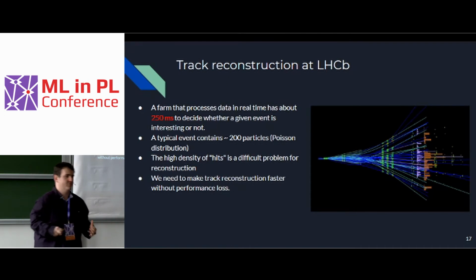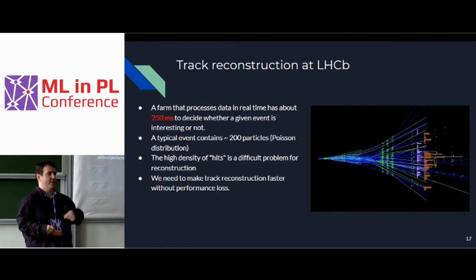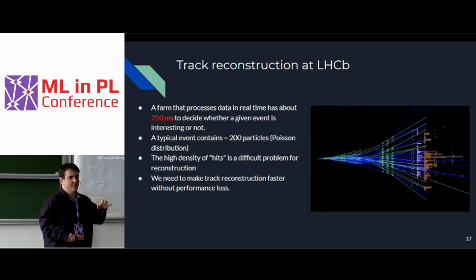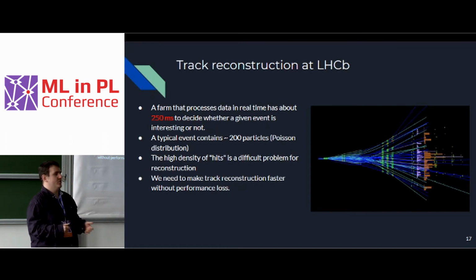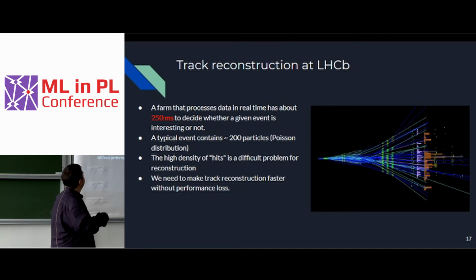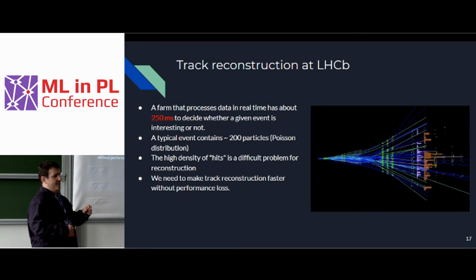We don't have that many resources. So we need to make a decision whether this particular event was important and interesting for us, or we just want to reject it and forget it forever. The time that we've got is about 250 microseconds per event, which is very limited.